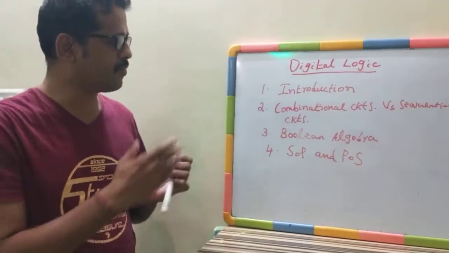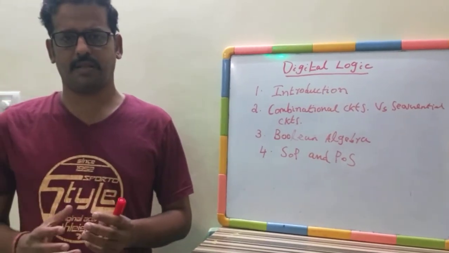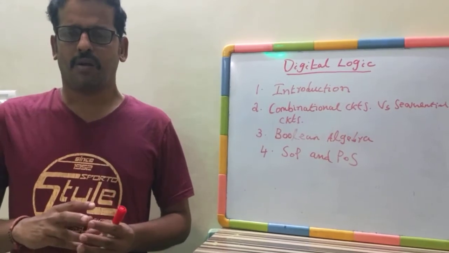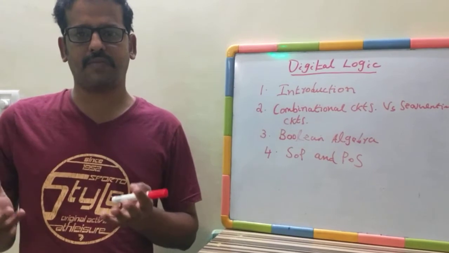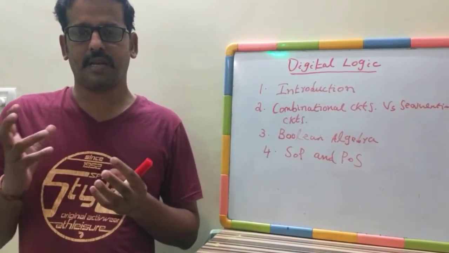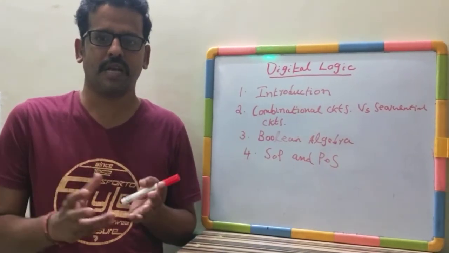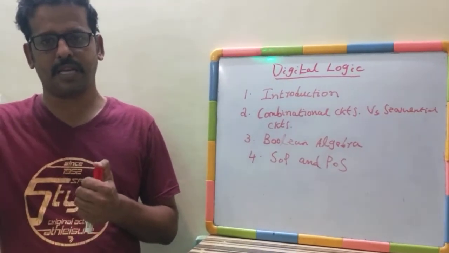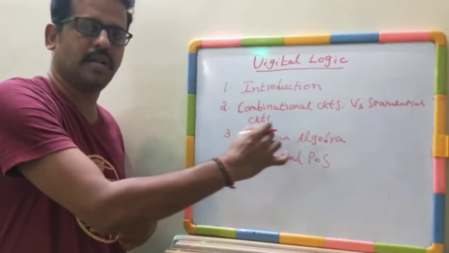Next we will discuss Boolean algebra. We have said that this course is about designing digital systems, so it involves a huge number of logical circuits. How do we reduce the size of digital systems? Obviously we need to simplify the logical circuit, based on which we can reduce the size of the overall digital system. For simplifying logical expressions, we use an algebra called Boolean algebra.